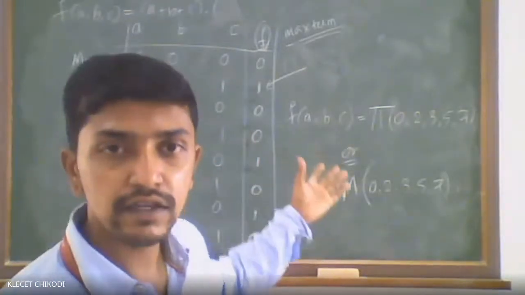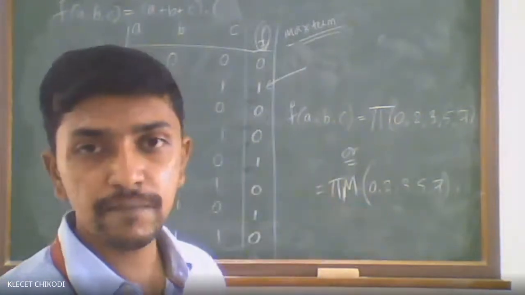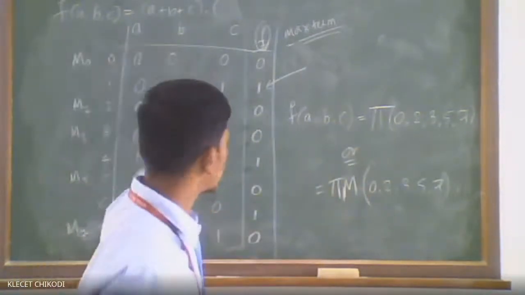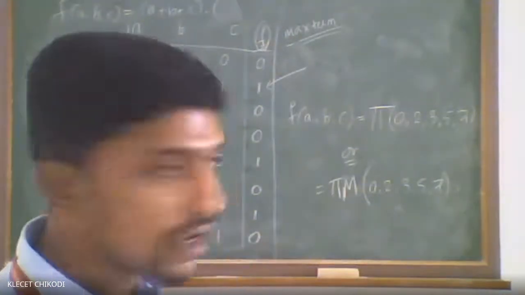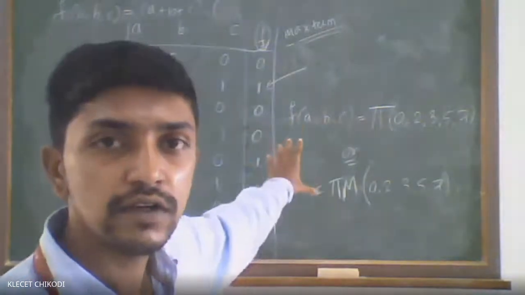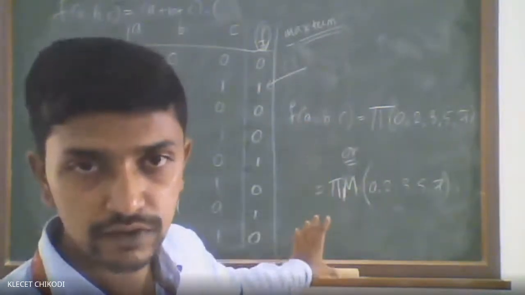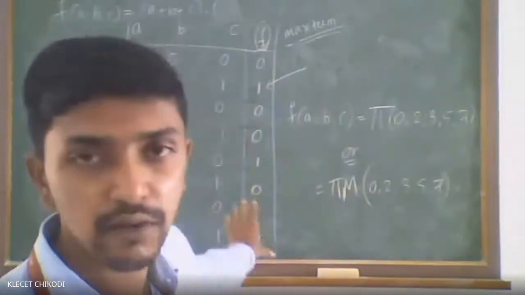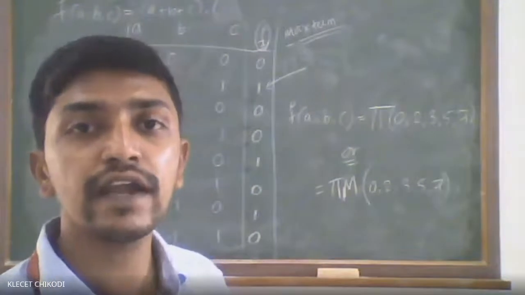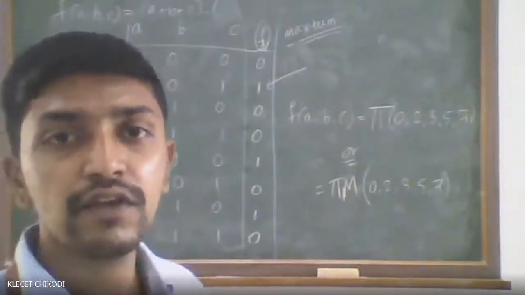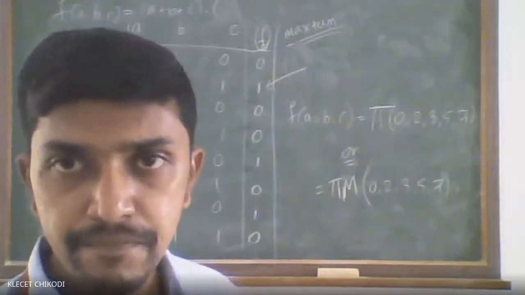We will take certain examples and see how to write the function value for particular input combinations. But here they have given the function values directly, so don't worry about that. In the next examples we will see how we get the function values for particular input combinations for a particular logic. Is that clear?